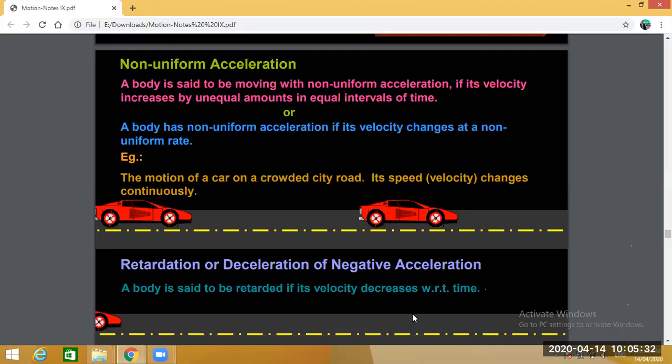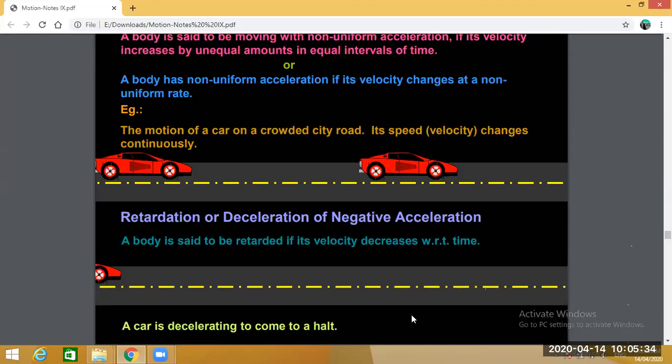But at home, you start and you increase your speed so that you can reach school in good time. So at that point, your velocity is continuously increasing. That's why your motion is said to be accelerating with increasing speed. On the other hand, when you apply brake, it is decelerating, retarding with decreasing speed. Now, a car is decelerating to come to rest after applying brake.